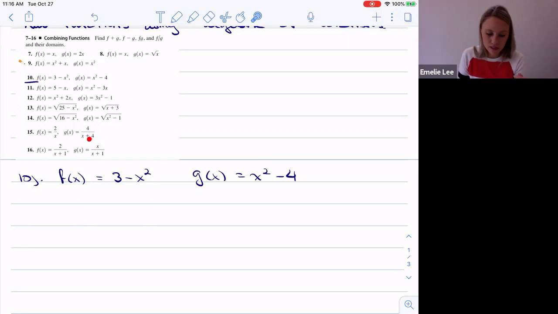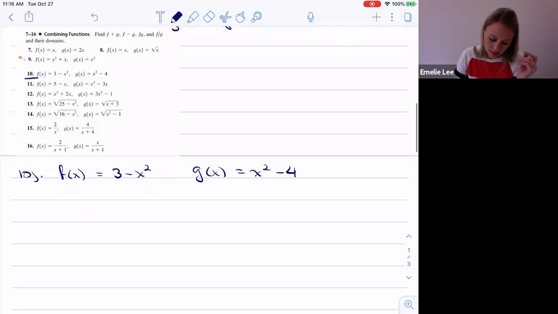Because we can't divide by 0, we can't take the square root of a negative number. And so looking at all of these, here's a little square root. So we would have a restriction on the domain here, right? X can't be less than 0. Here, there's no restrictions until we hit the square roots again and the division. Then we would have some restrictions on these domains.